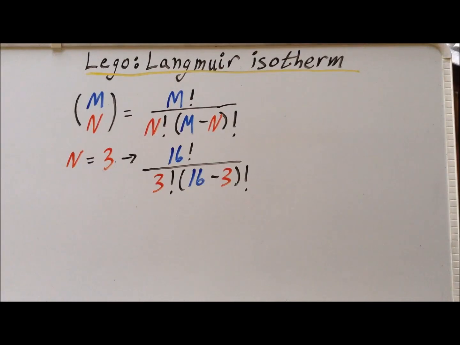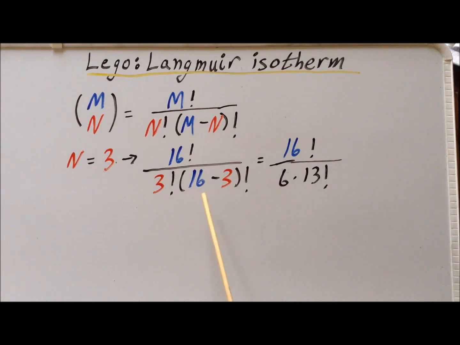Now let's look at the case where n is equal to 3, we have 3 adsorbate molecules. So now the number of ways to arrange them is going to be 16 factorial divided by 3 factorial times the quantity 16 minus 3 factorial. Inside the parentheses, 16 minus 3 is simply 13, so this gives us 13 factorial. And then we realize that 3 factorial is 3 times 2 times 1, which is exactly equal to 6.